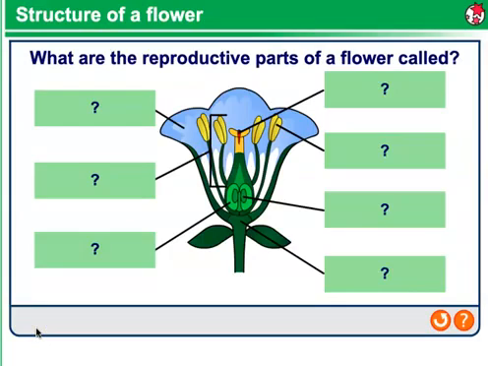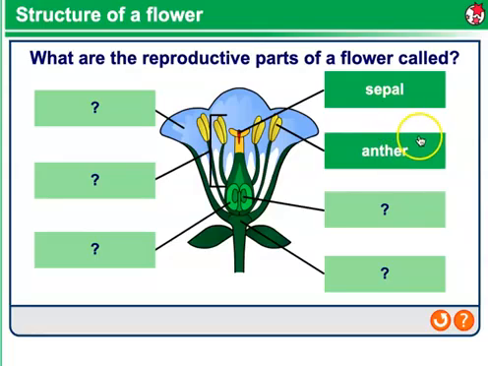Structure of a flower. So what are the reproductive parts of a flower called? This structure is called the sepal. This structure is called the anther. The ovule is found below the sepal.